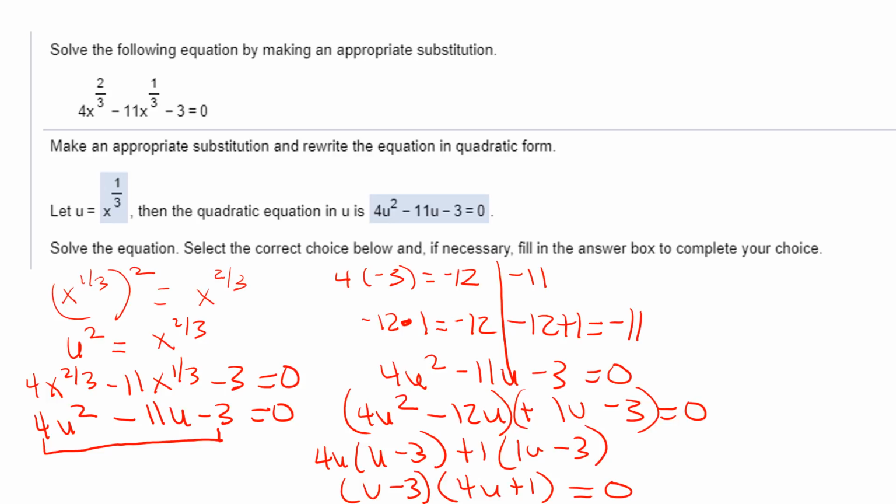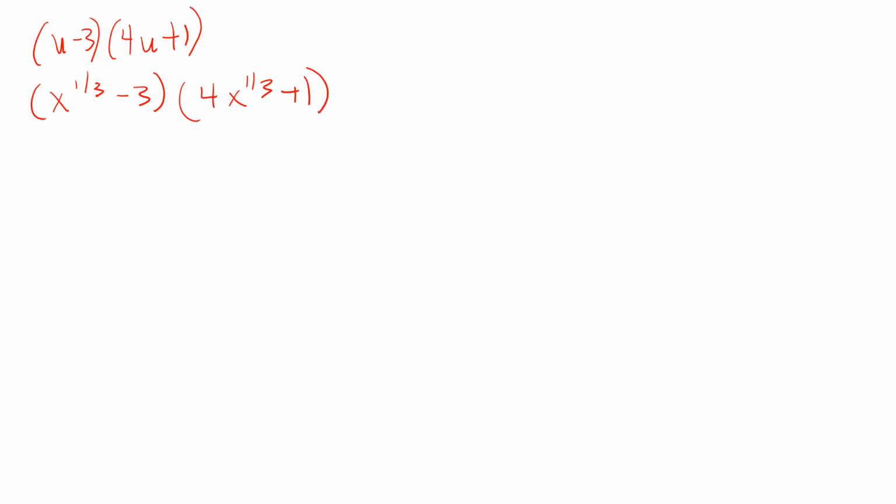Now I'm going to take my two parentheses, u minus 3 and 4u plus 1, and rewrite this back with the x to the 1/3 power. Remember that u was x to the 1/3 power, so I really have x to the 1/3 power minus 3, and 4x to the 1/3 power plus 1.